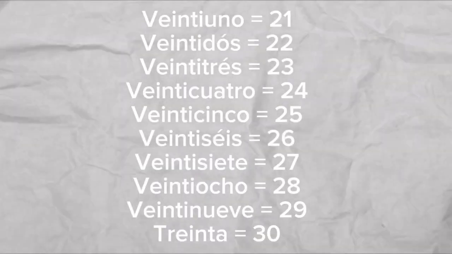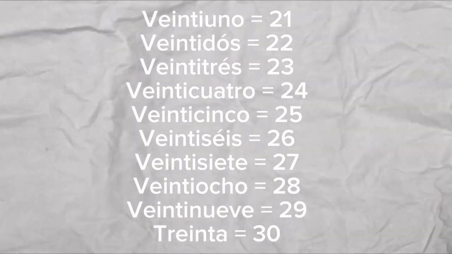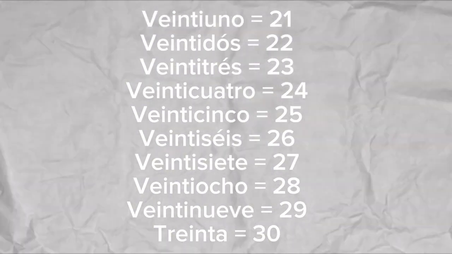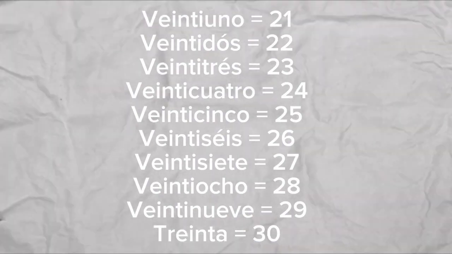So the numbers after that are 21, 22, 23, 24, 25, 26, 27, 28, 29 y 30.